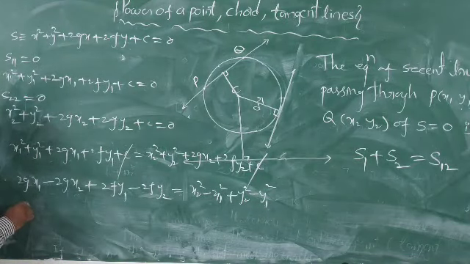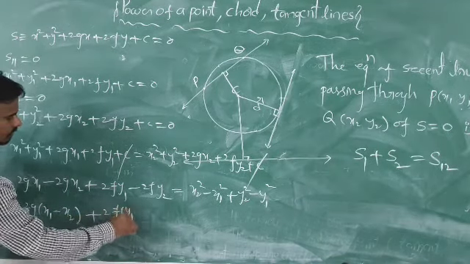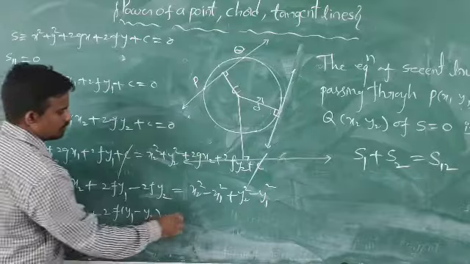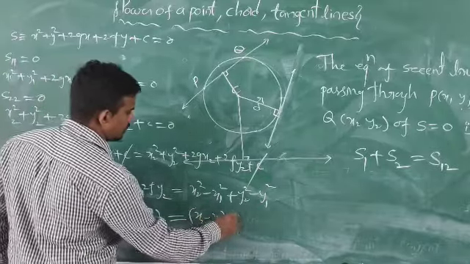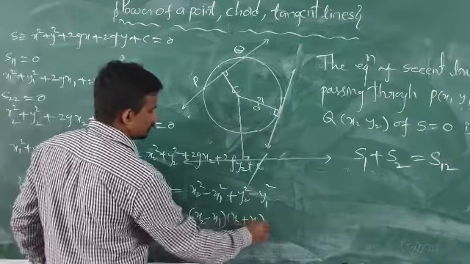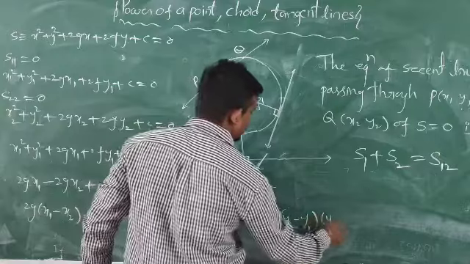From this, 2g of (x1 minus x2) plus 2f of (y1 minus y2) equal to (x2 minus x1)(x2 plus x1) plus (y2 minus y1)(y2 plus y1).